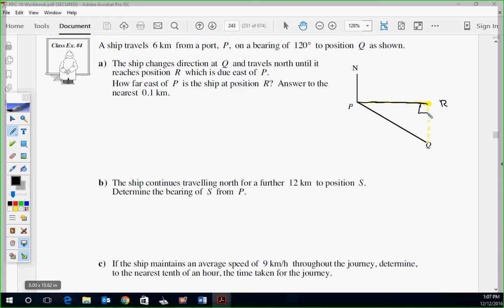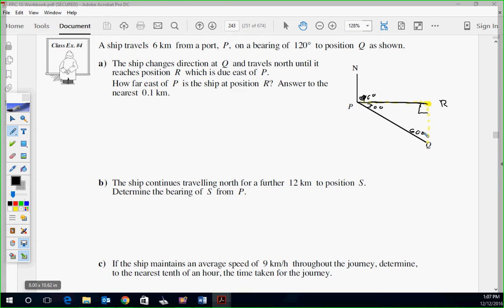She said that whole turn from N to Q was 120, and we cut that piece out. What's 120 minus 90? 30. So that's 30, that's 90 right here. If we have those two, we have the other one. That means this is 60, right?